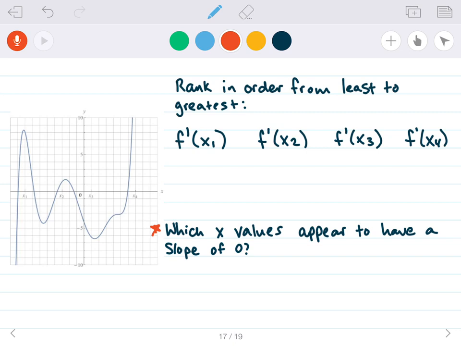So at x1, if we go up like this, it's about right here. And so the slope of the tangent line is going to be negative for sure. And so we'll just kind of draw a picture to get a visual there. Looks pretty steep in the negative direction. Let's do f prime of x2. So x2 is right here, and so my tangent line looks to be positive.